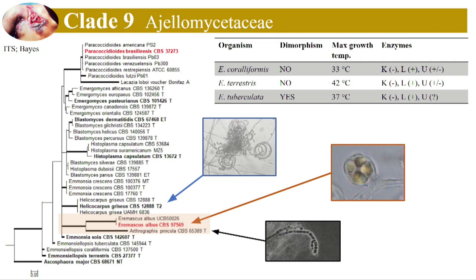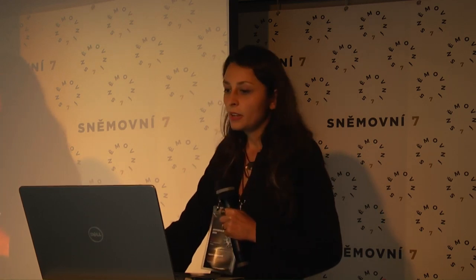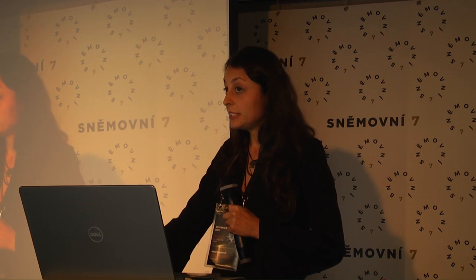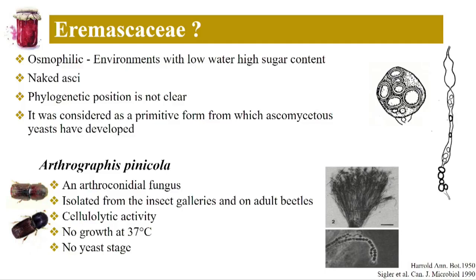It can grow at a maximum higher temperature, and it has been isolated only from soil until now. So we don't know yet about Eremascaceae. Should we include it there or should it be separated? It seems it should be separated, but we need more data about that.